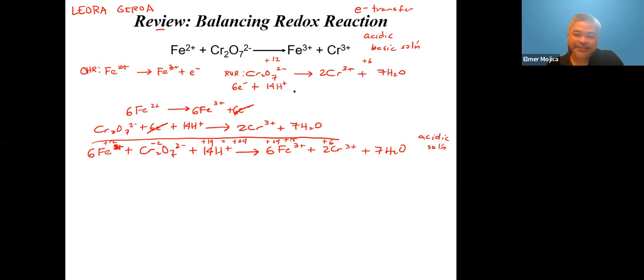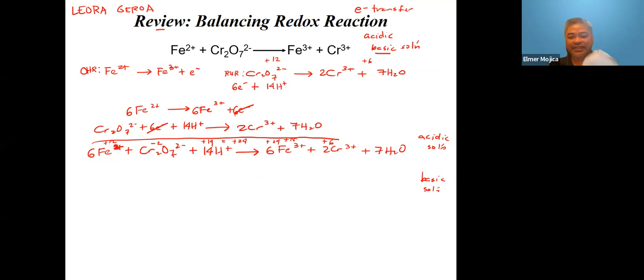And then from here, you can make it also in basic solution. Do you still recall what to do? Ito lang yung balancing natin. After this, we're going to go to Electrochem, the Galvanic and the Electrolytic cell. Okay? So after we move here from acidic to basic solution, what we do is we're just going to add OH minus, right?